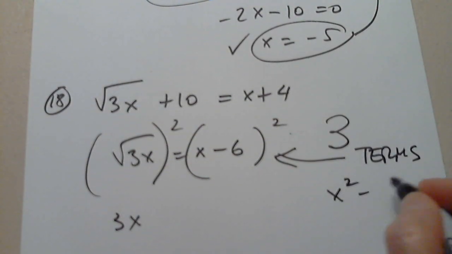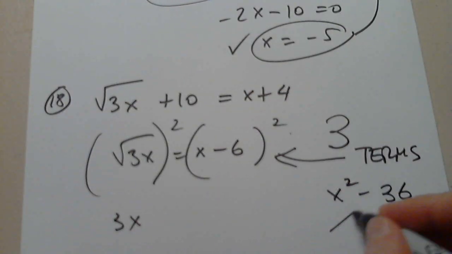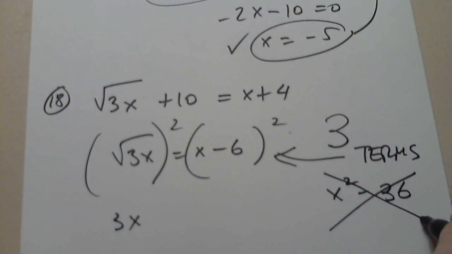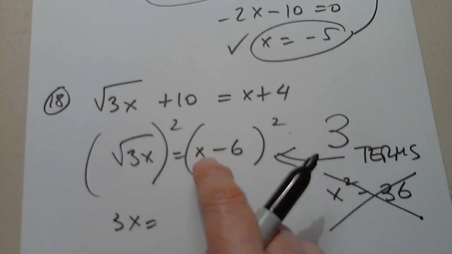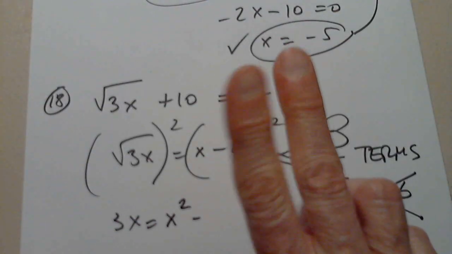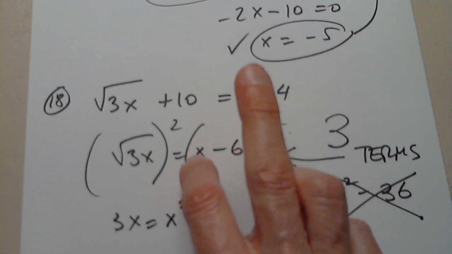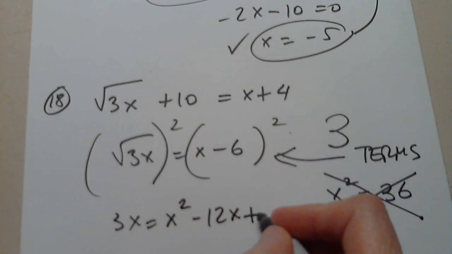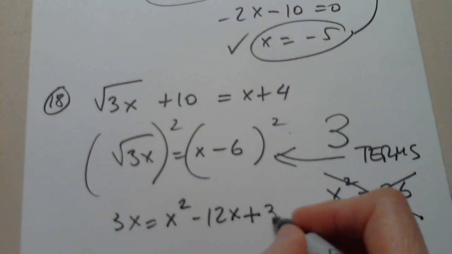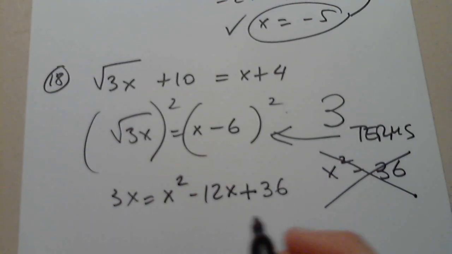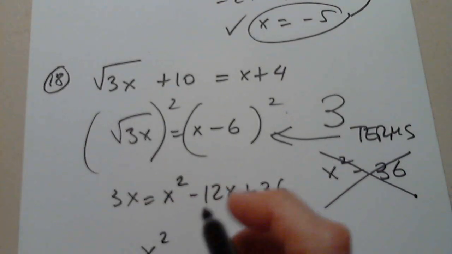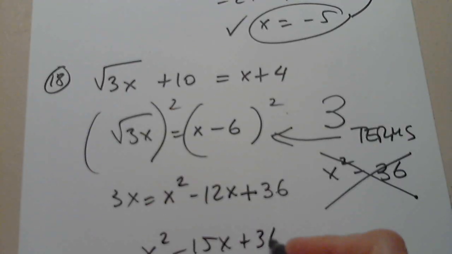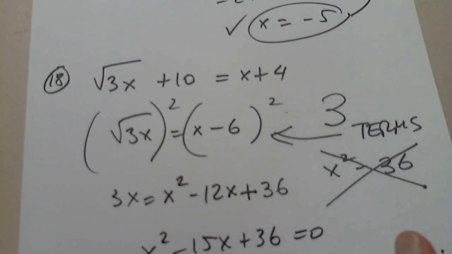If you write x squared minus or plus 36, that would be a tragedy. So the first term squared minus 2 times the first times the second plus the second term squared. So x squared minus 15x plus 36 equals 0.